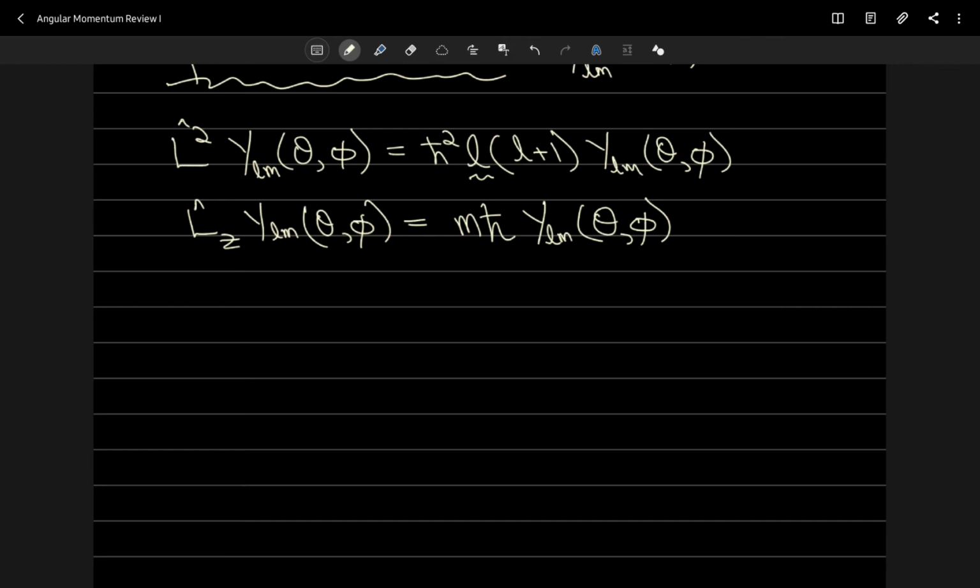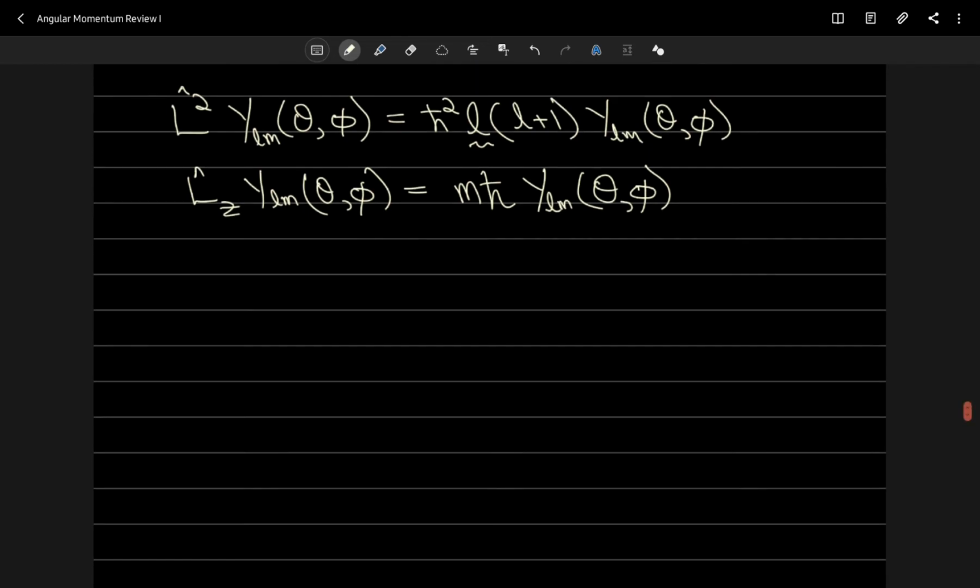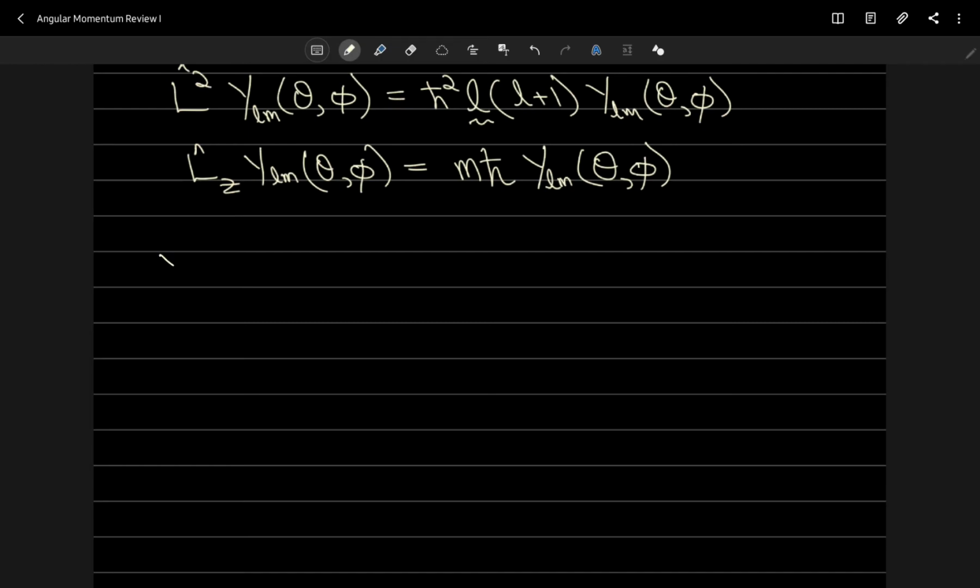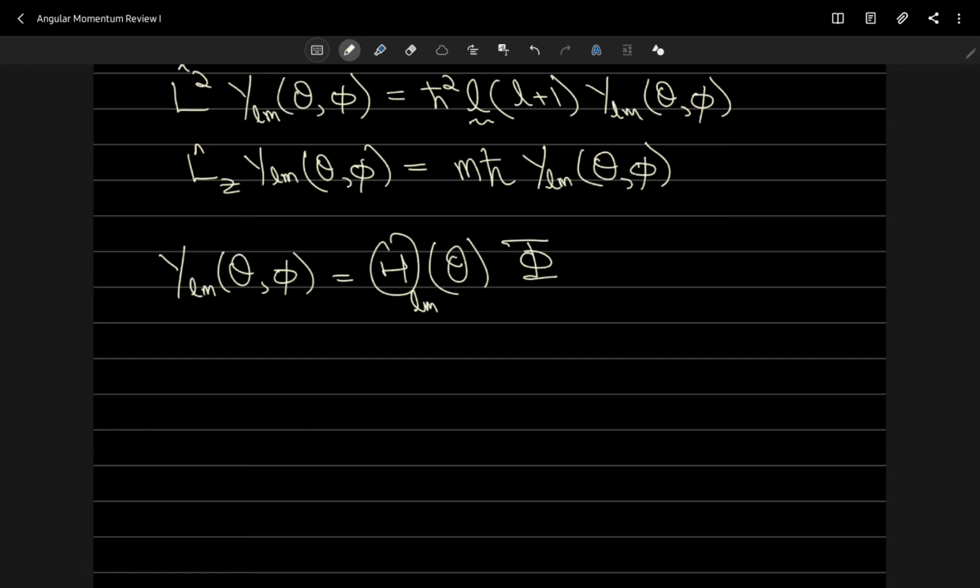Now we need to solve these equations. To do that, we will set Y_Lm(theta, phi) to be written as some capital Theta function of theta, which would contain L and m, multiplied by this Phi_m of phi.